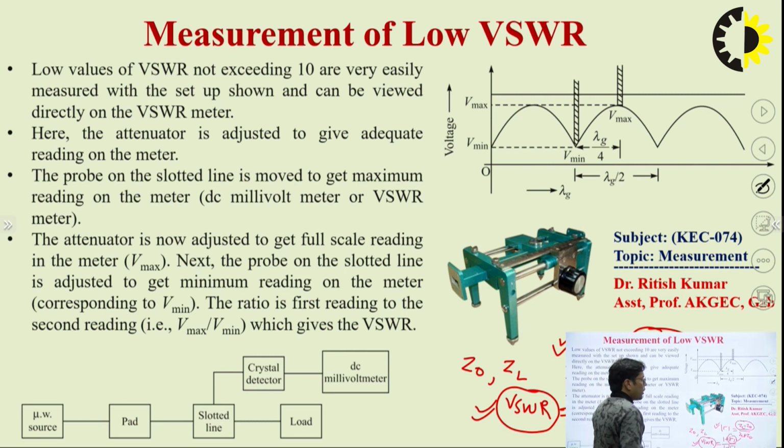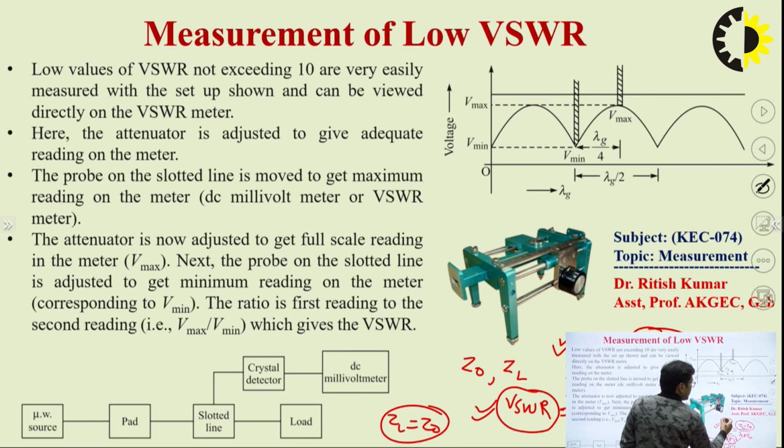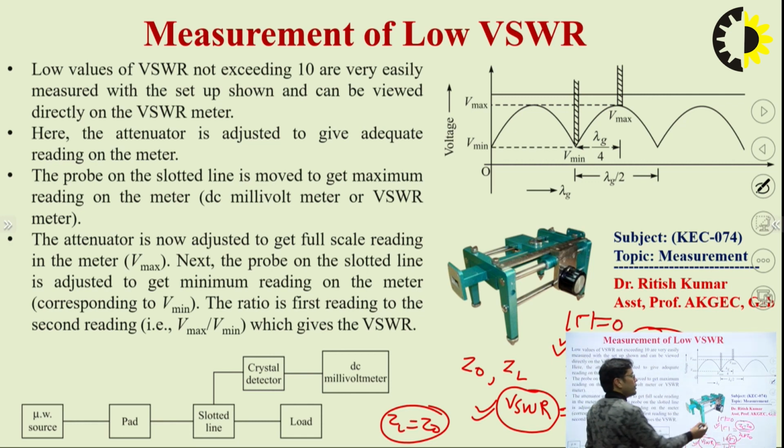If we talk about the matched condition, ZL is always equal to Z naught. In that case there is no reflection, that means the reflection coefficient is equal to 0. If the reflection coefficient is 0, then we do not have any kind of standing wave pattern.